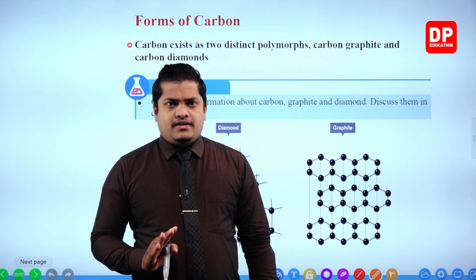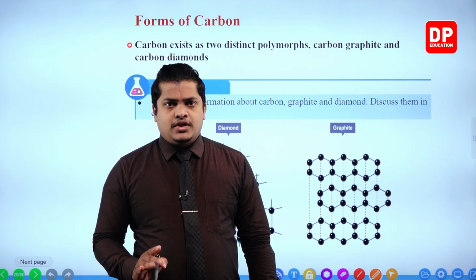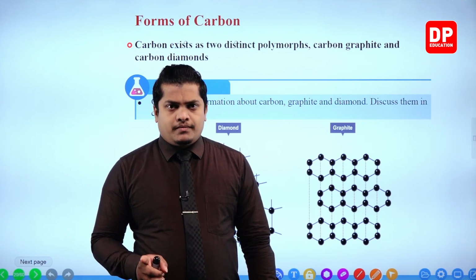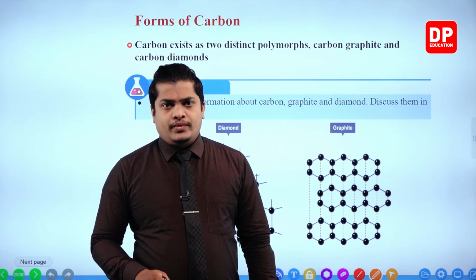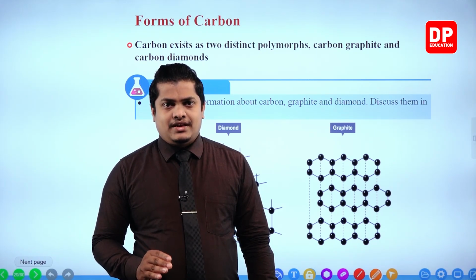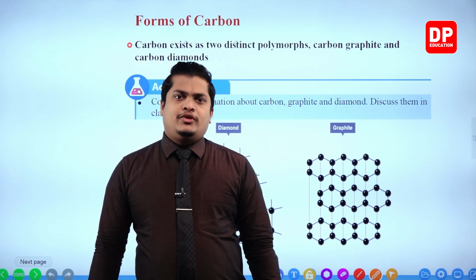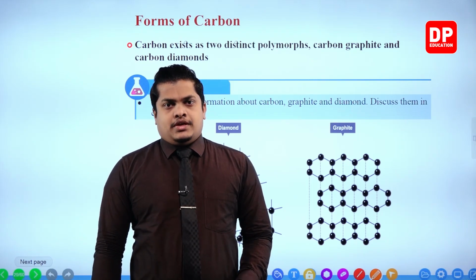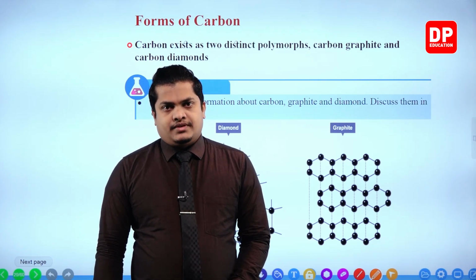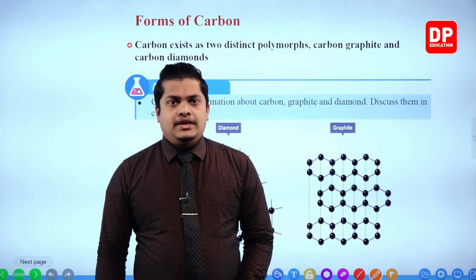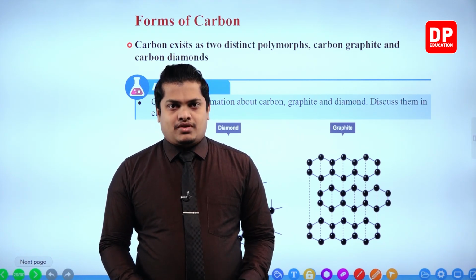usually a certain element is available in our environment only as one form, no? Usually that's how elements behave in our environment. In simple terms, when you take sodium, sodium is a metal. It can be extracted by using the electrolysis process.